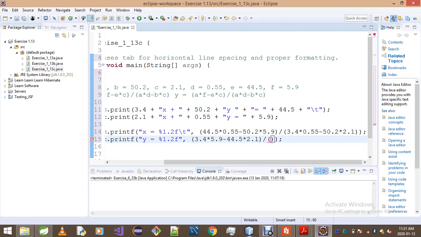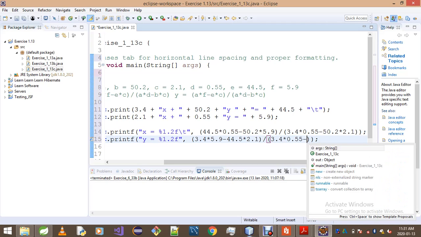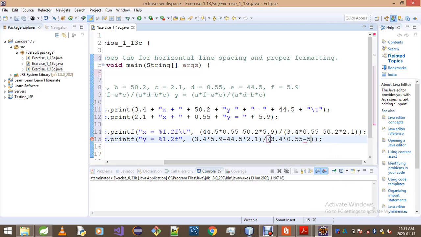On our denominator we have 3.4, multiplied by 0.55, minus 50.2, multiplied by 2.1. I hope that's pretty much it.